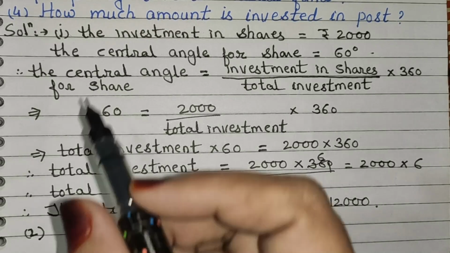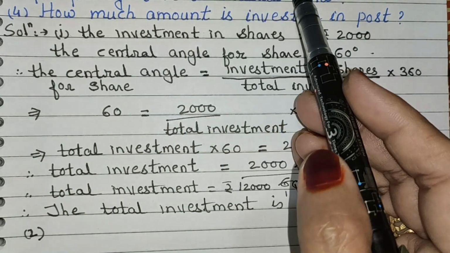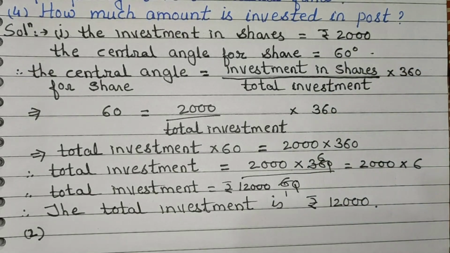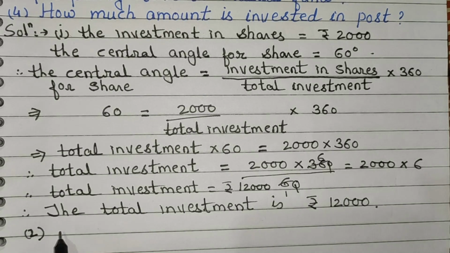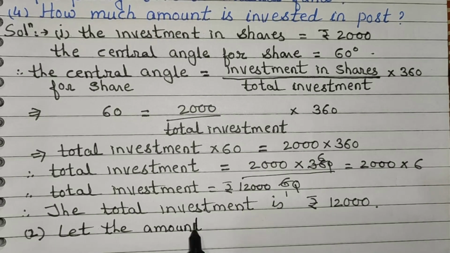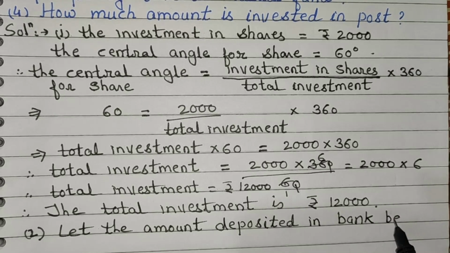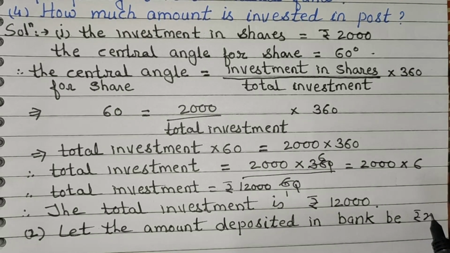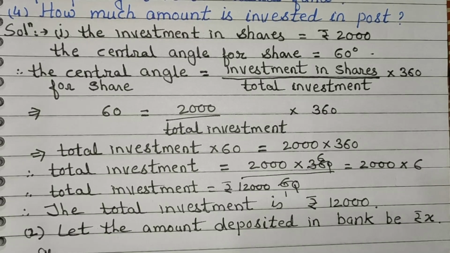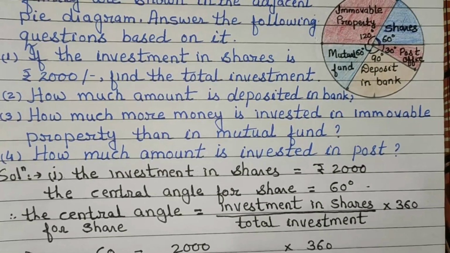Now look at the second question. How much amount is deposited in bank? Let the amount deposited in bank be rupees X, and look at the pie diagram.